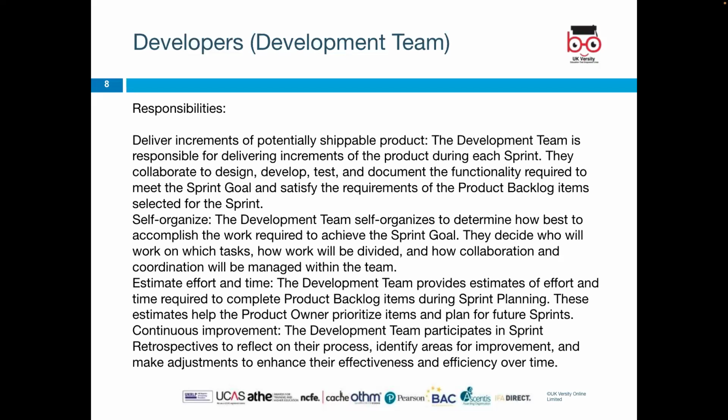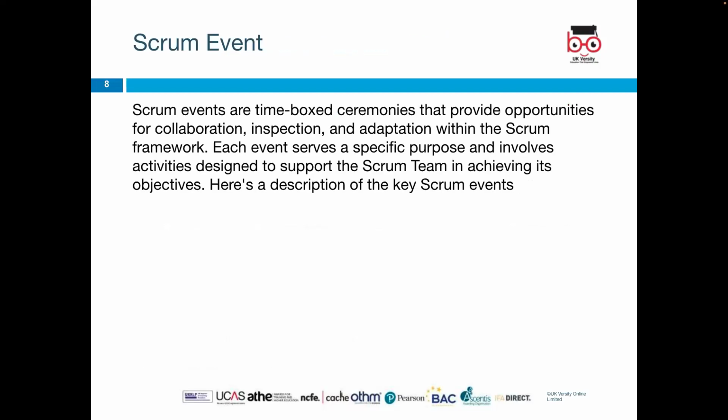The development team provides an estimate of effort and time required to complete the product backlog. And so on. Continuous improvement: the development team participates in the sprint retrospective to reflect on their process, identify areas of improvement, and so on and so forth. The next one is Scrum events.